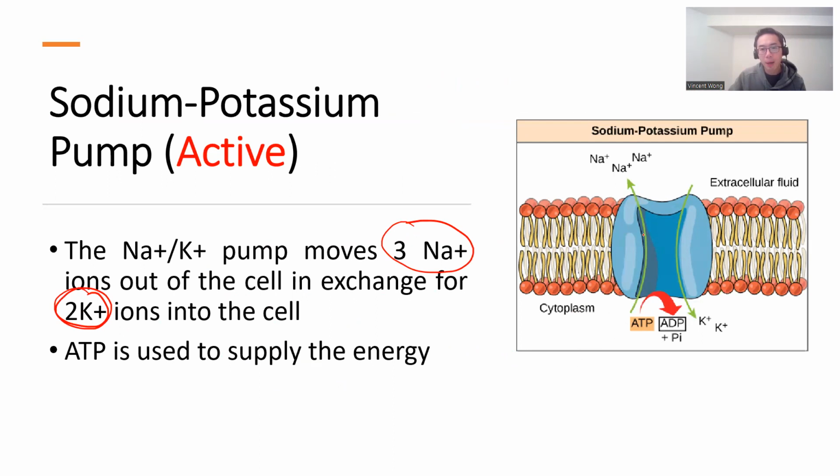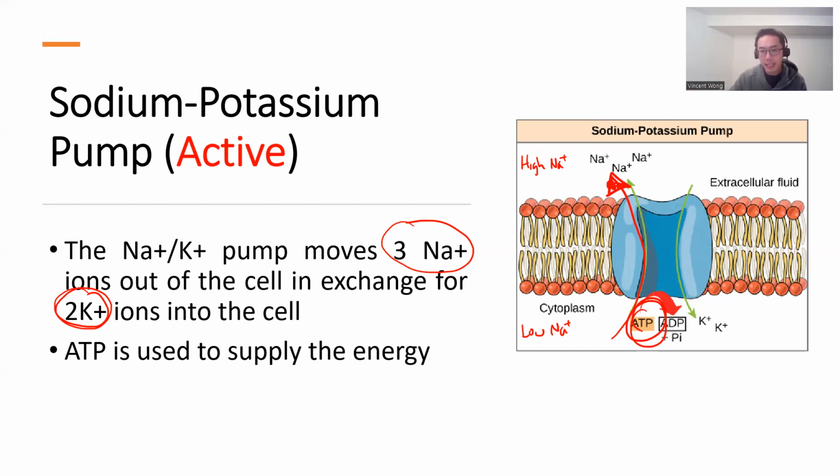If we keep on pumping sodium out of the cell, eventually you will have high sodium on the outside and low sodium on the inside, right? So in order for this process to keep happening, you have to use ATP because you are pumping against the concentration gradient. The sodium actually wants to come back in, but you keep on pushing them out with the pump. All right, that's active transport.